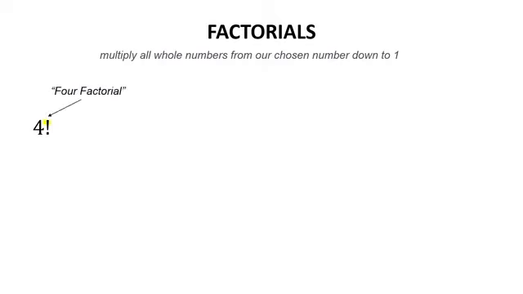This is the symbol of factorial. 4 factorial means we multiply all whole numbers from our chosen number down to 1. Our chosen number is 4 now, so we multiply until 1 like this: 4 times 3 times 2 times 1, from 4 until 1. So it is equal to 24.